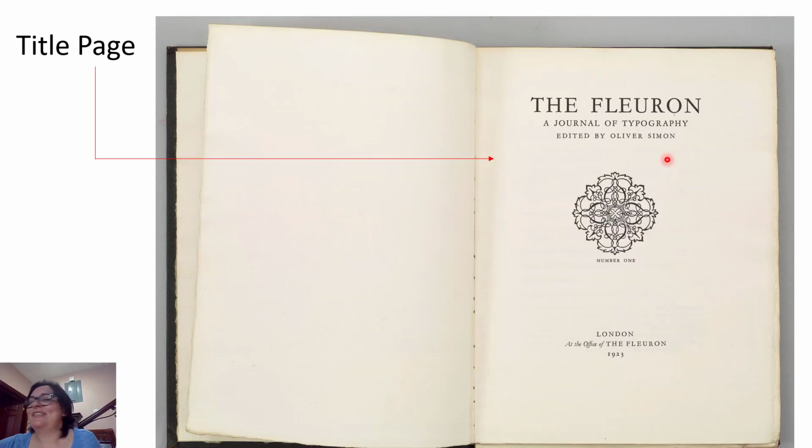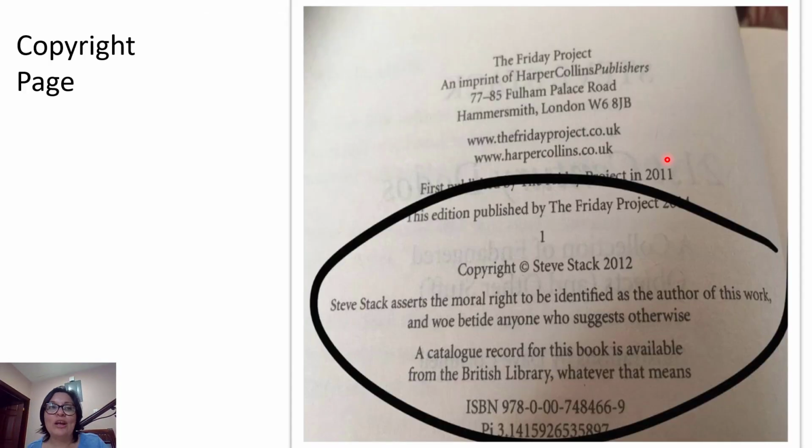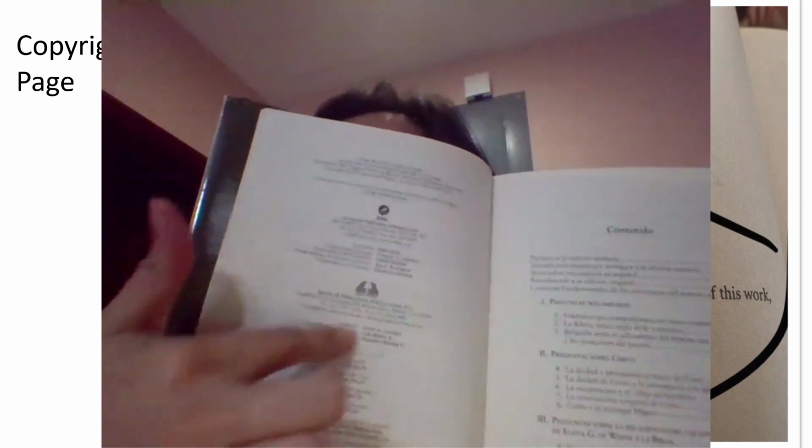Okay. So besides the title page, we are also going to have the copyright page. And the copyright is also at the beginning of the book. If you look for it, for example, in this book that I have here, you're going to find the copyright by here.